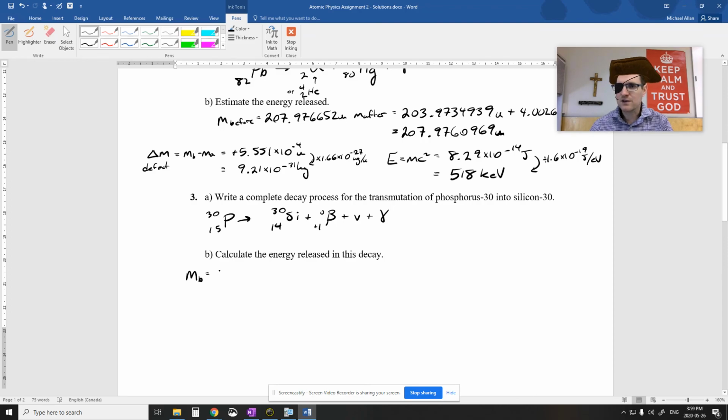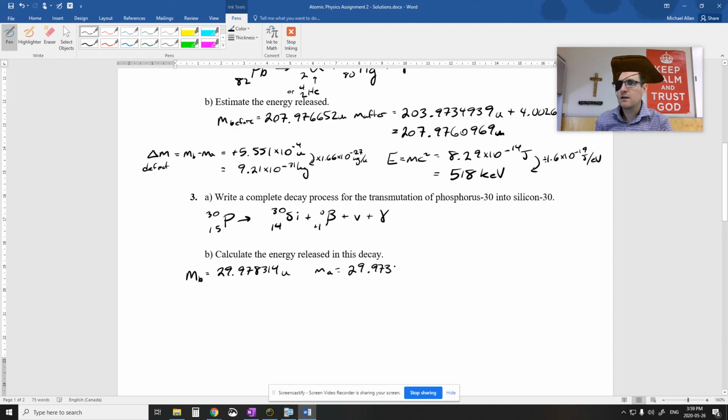So phosphorus is 29.978314 atomic mass units. And afterwards, we have silicon 30, which is 29.973770 atomic mass units. It's funny, there's more pieces in silicon 30 than silicon 28, but silicon 30 weighs less.